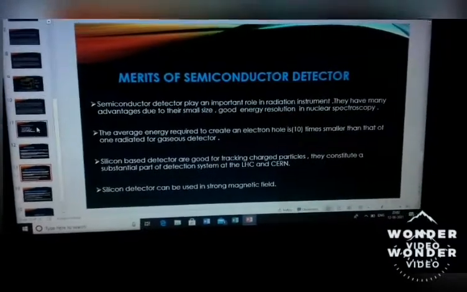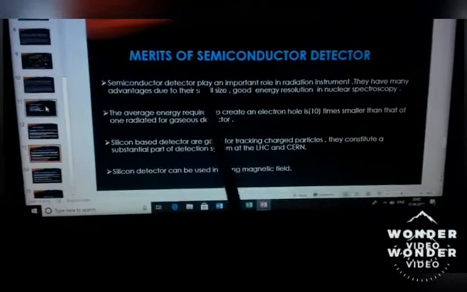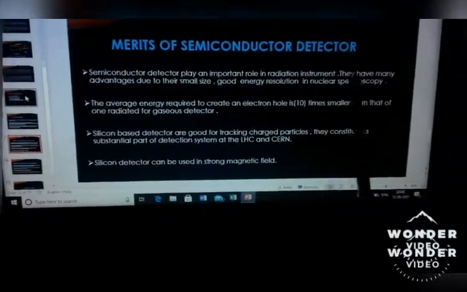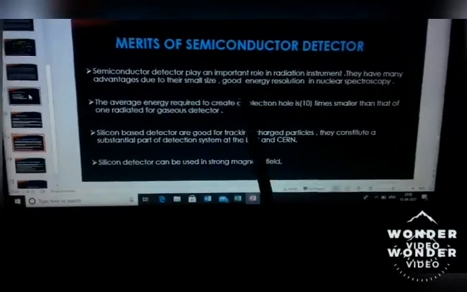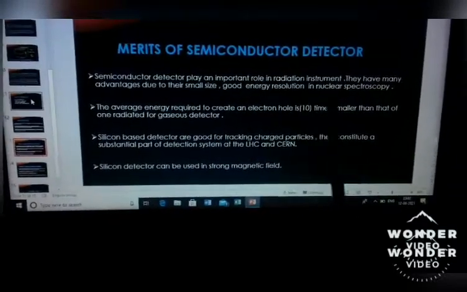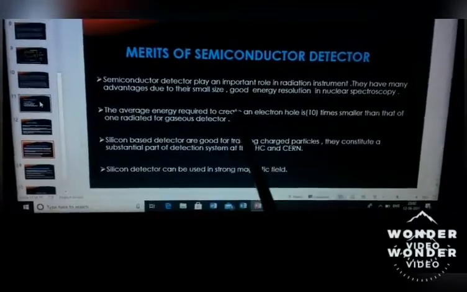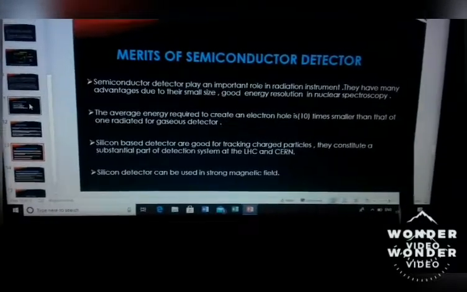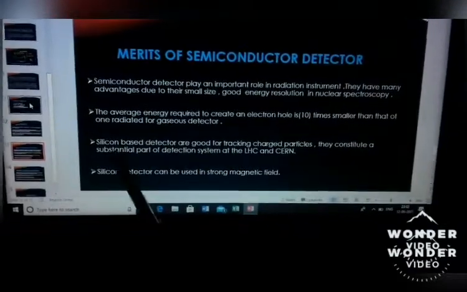Now, merits of semiconductor detectors. Semiconductor detectors play an important role in radiation instruments. They have many advantages due to their small size and good energy resolution in nuclear spectroscopy. The average energy required to create an electron-hole pair is 10 times smaller than that required for a gaseous detector.